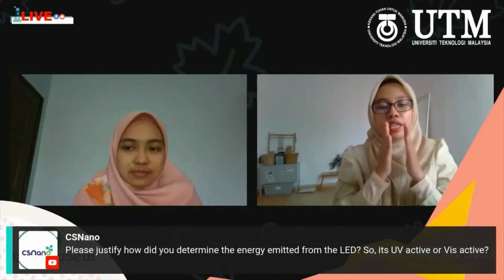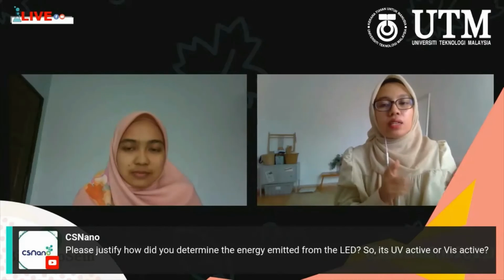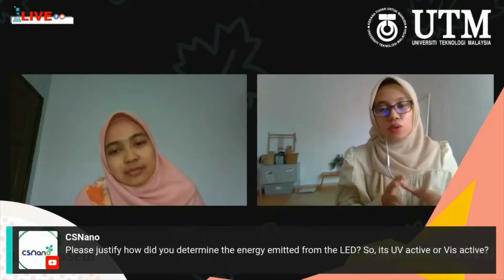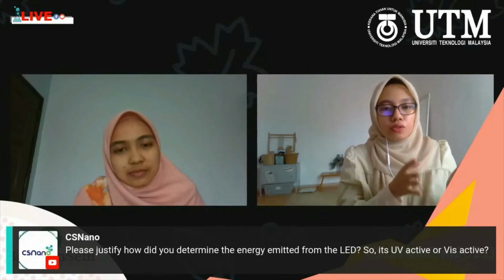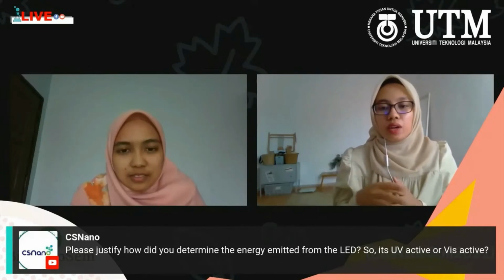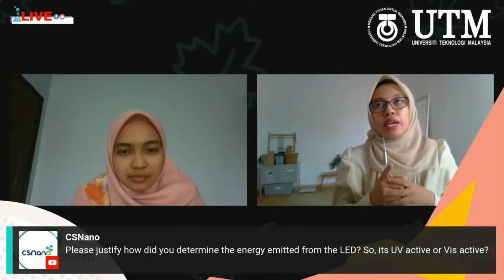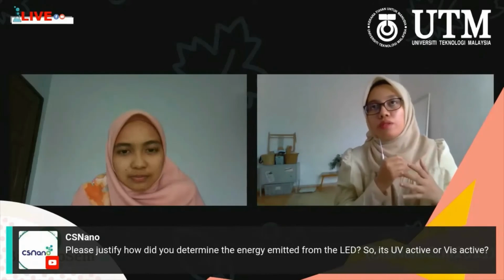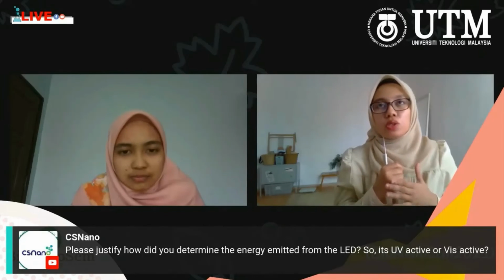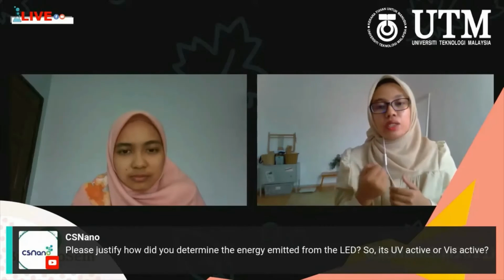So when it falls lower than 450 nanometers, that one falls in the UV region, while for higher than 450 nanometers, that one falls in the visible region. So that is the first step to know what type of light energy can be used to activate our photocatalyst.